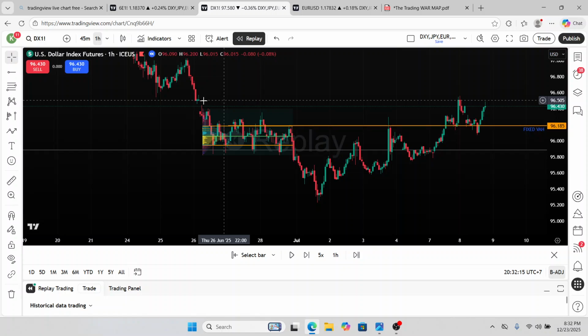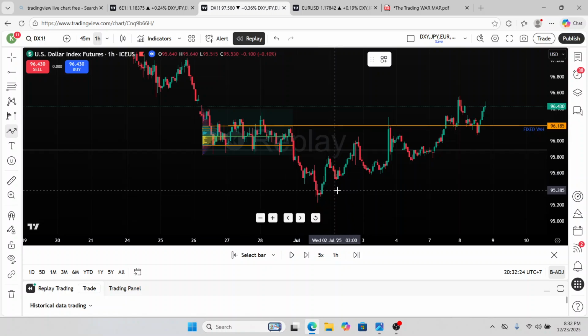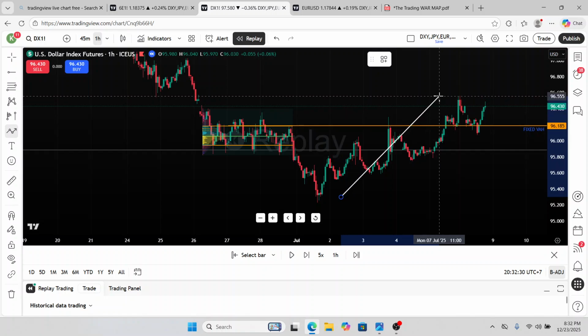We'd broken above this range. So you can see here we had consolidation, manipulation, and finally once we broke above this fixed value area high, we made new highs.